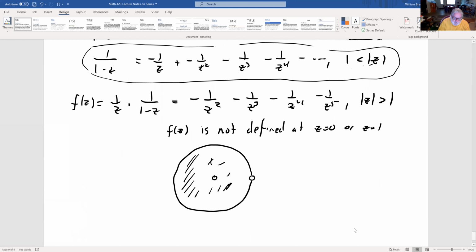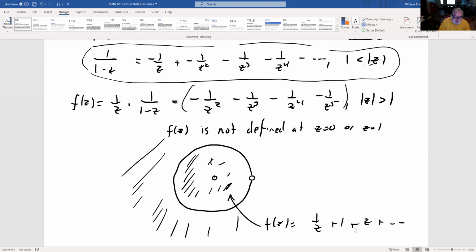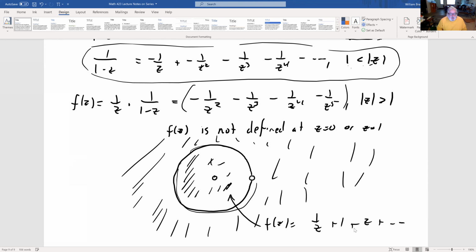So in here, f of z equals 1 over z plus 1 plus z plus dot, dot, dot. And then we have another series, that's this one, that holds everywhere outside of my circle of radius 1. So we can talk about this function as a series pretty much everywhere except at 0 and 1, where the function itself doesn't exist. And also on this boundary, the unit circle, because it's going to diverge there in some goofy way.